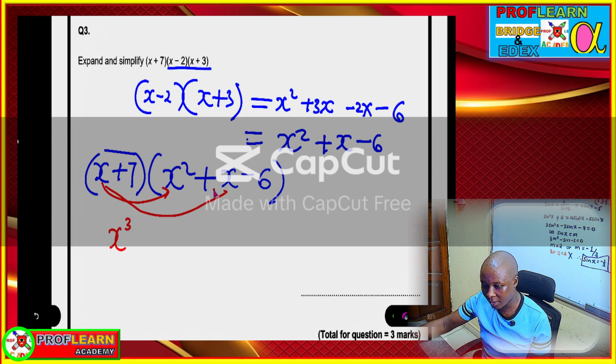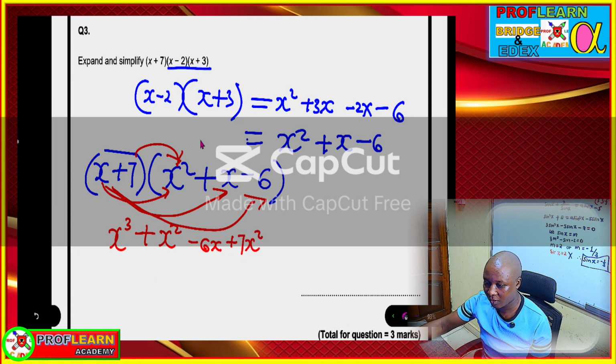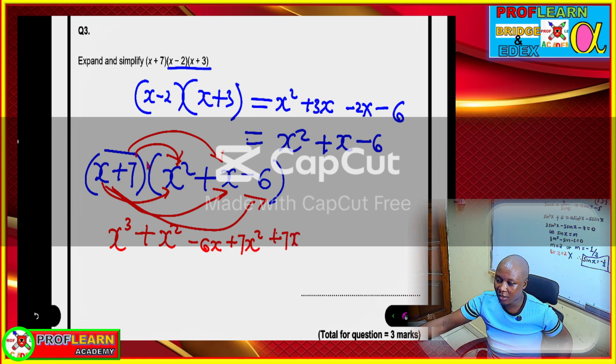Again, this term by this, we shall have plus x squared. Again, the same term by that, we shall say minus 6x. The next term would be 7 times this. It will be plus 7x squared. 7 times this, plus 7x. And 7 times minus 6 will be minus 42.